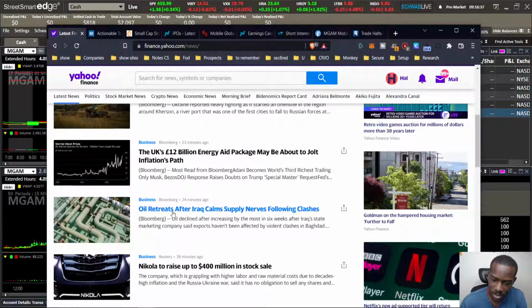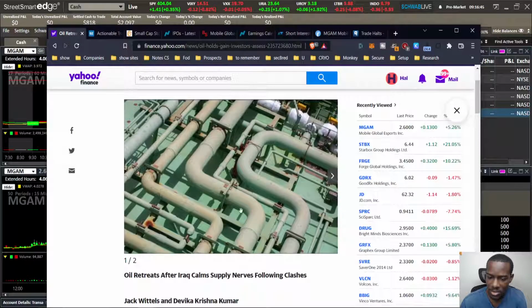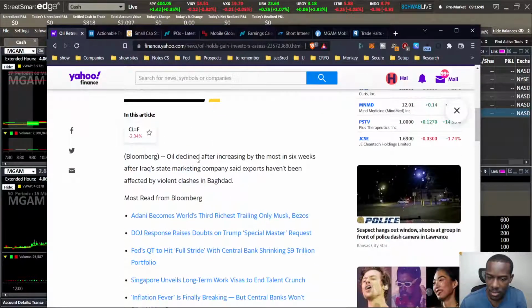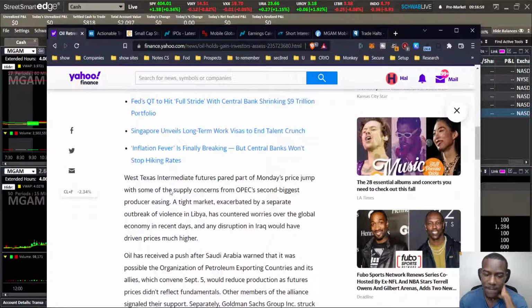Okay. Oil retreats after Iraq calms supply nerves following clashes. Now that one may be interesting. Oil declined after increasing by the most in 6 weeks after Iraq's state marketing company said exports haven't been affected by violent clashes in Baghdad.